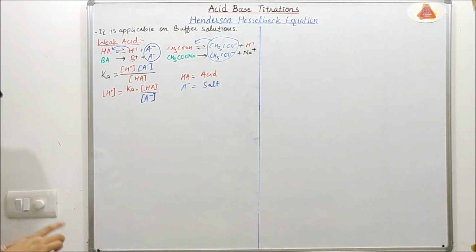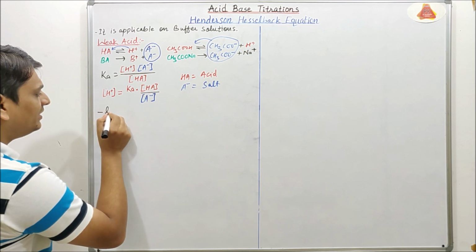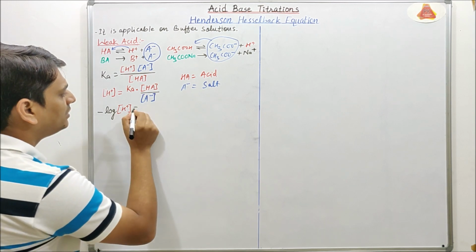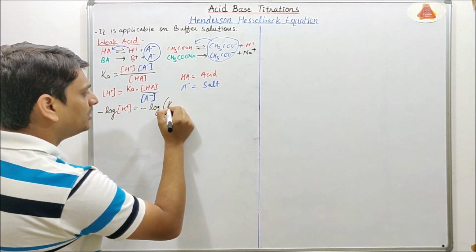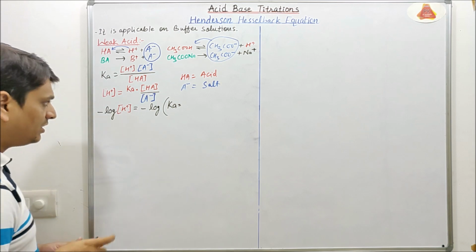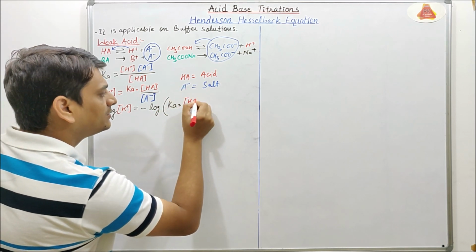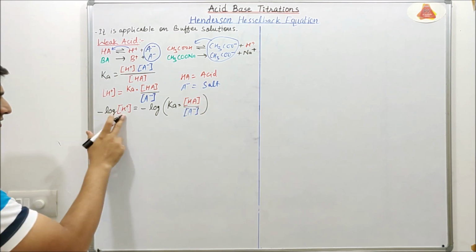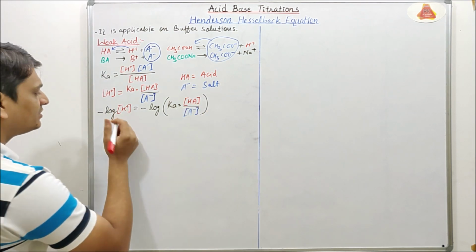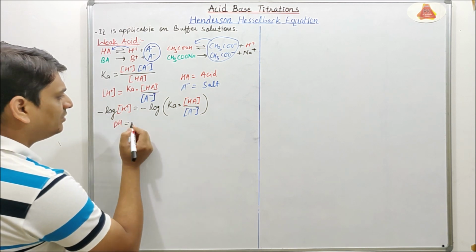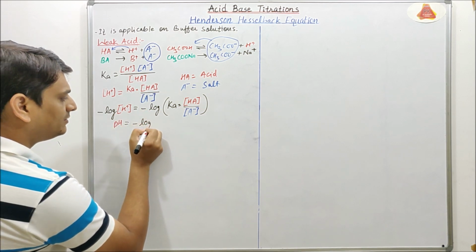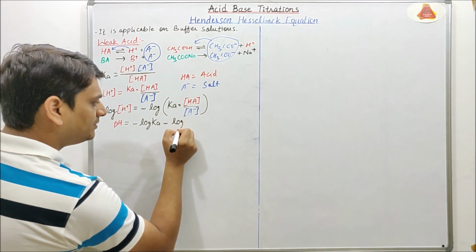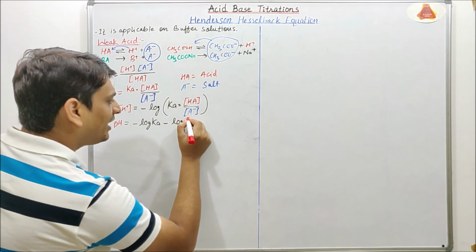Now we will take minus log on both sides of this equation, so it will be minus log H plus is equal to minus log of Ka into HA by A minus. So minus log H plus is equal to pH, which is equal to minus log Ka, then minus log HA by A minus.